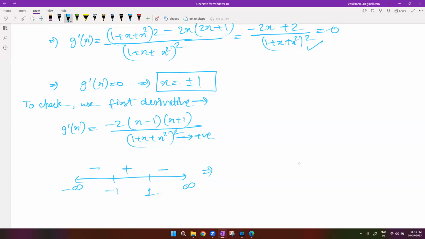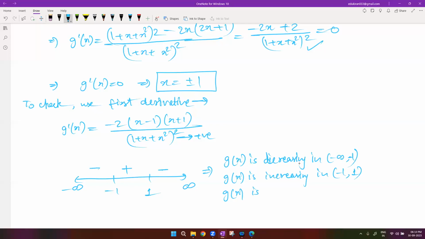Which says that gx is decreasing in -infinity to -1, gx is increasing in -1 to 1, and gx is decreasing again in 1 to infinity. So at this point, first decrease, then increase.